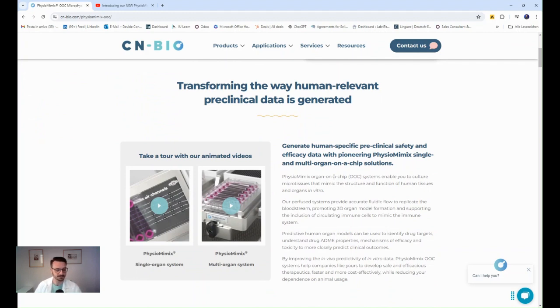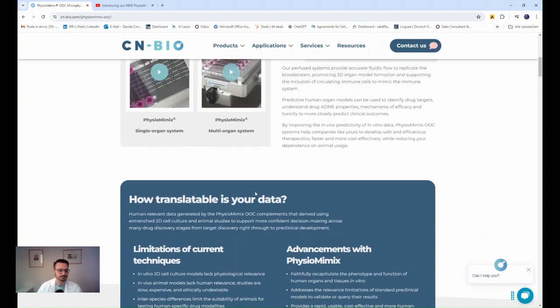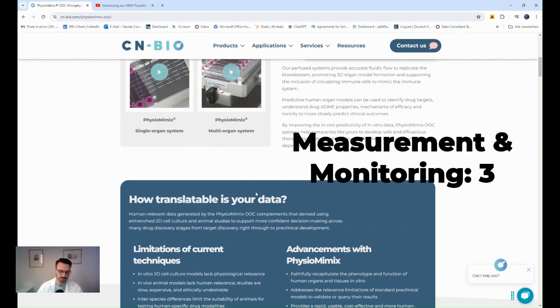You would need to take the model outside of the device and then analyze it. So this is still suboptimal for many applications. Obviously, it's also linked to the fact that you can just use like a particular subset of organs. So in this case, we would just give it a 3.